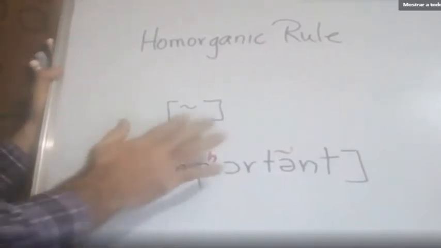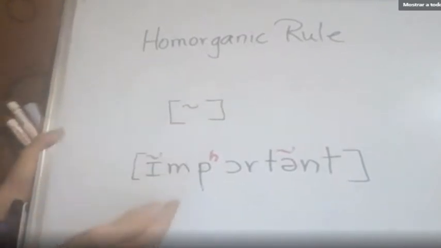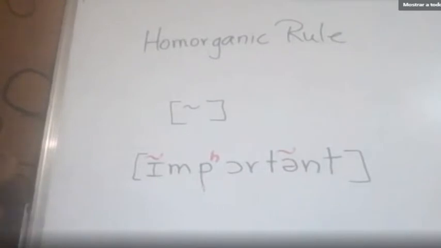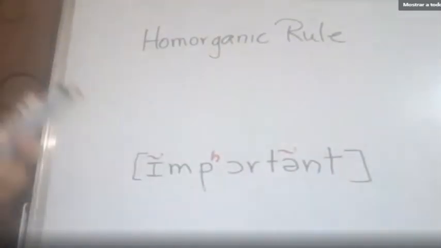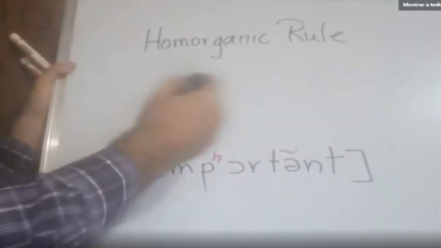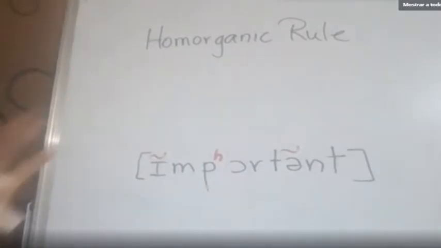Here you can have many more examples, as long as the example has a vowel before a nasal. Obviously, if it is the other way around, the nasal before the vowel does not get nasalized.